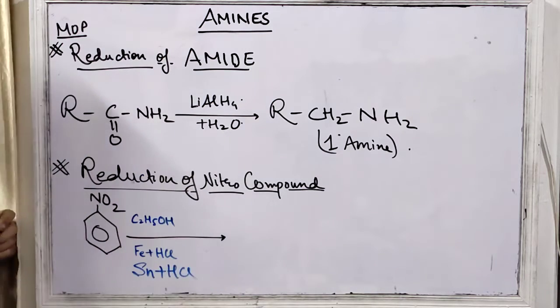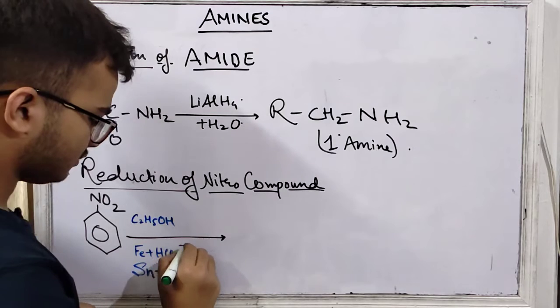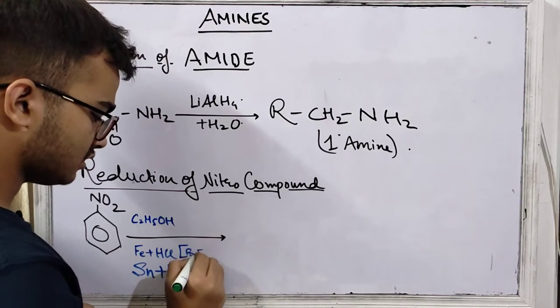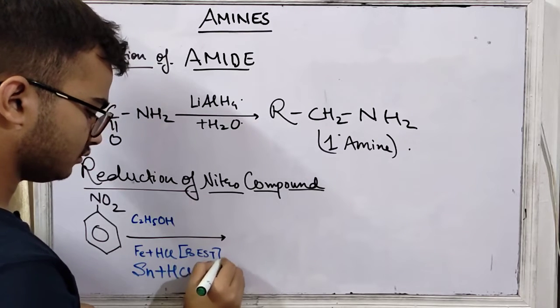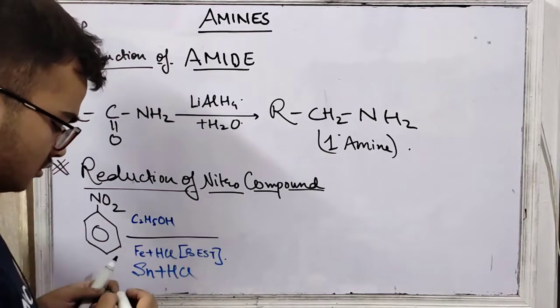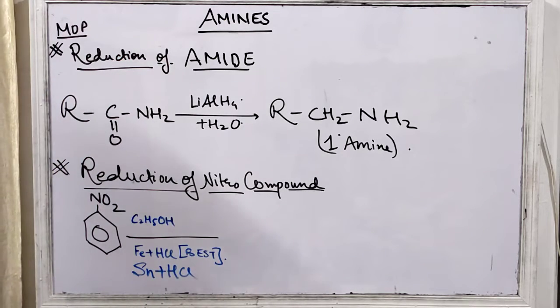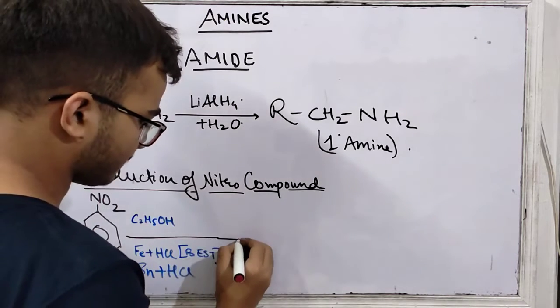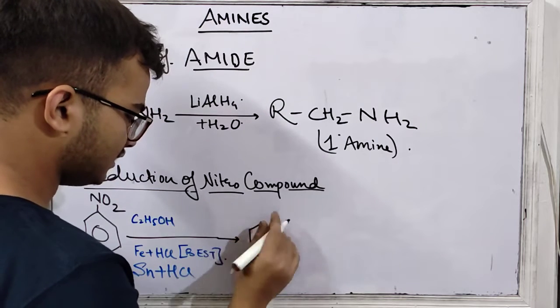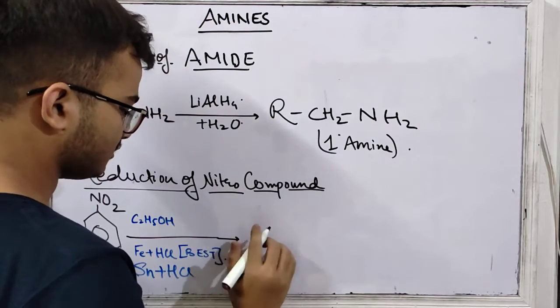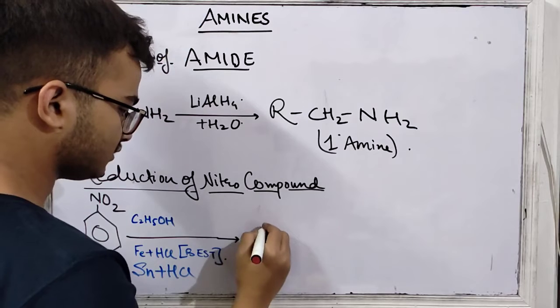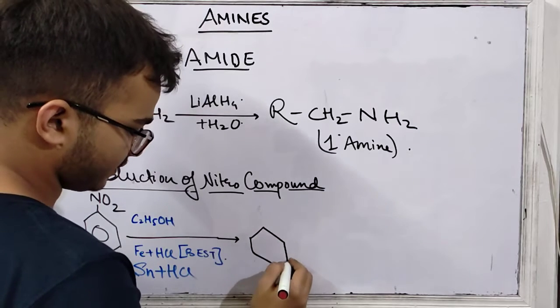Any of these, but the book says that Fe plus HCl is the best method, which gives the best product. So here you will get an amine, and this thing is called aniline, which is going to come in the diazotization portion, which we will discuss after the amines.